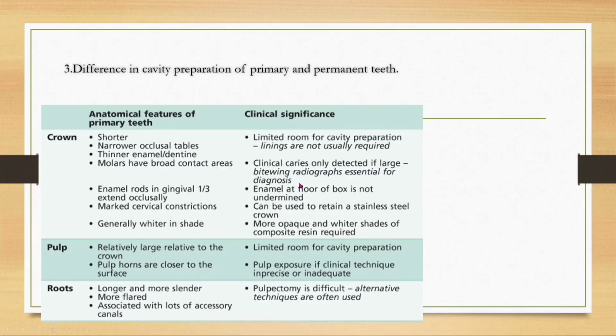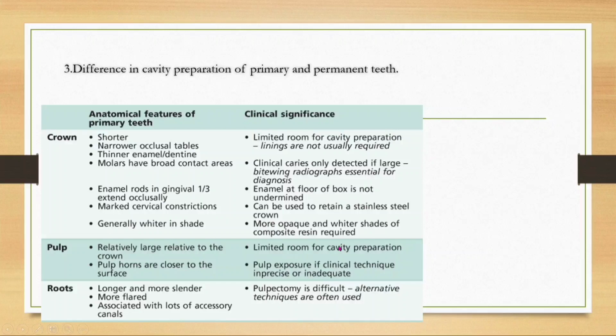Now, the difference in cavity preparation of primary and permanent teeth. Anatomical features: we have already seen the differences between primary and permanent teeth. In primary teeth we have a larger pulp, and the pulp horns are too close to the surface. But the problem with these primary teeth, when we have a larger pulp, is that there is limited room for cavity preparation.